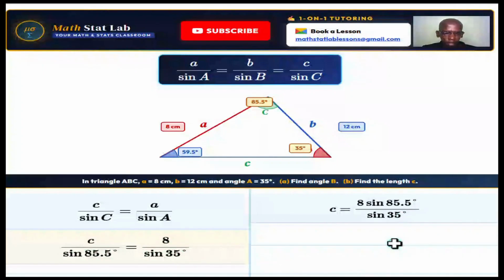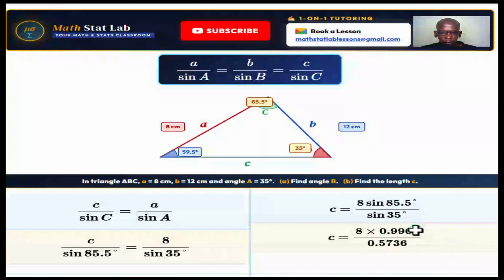So to get C, I can just go direct to the calculator and say sine 85.5 divided by sine 35. If you go direct to the calculator, you will find the sine of 85.5 is just 0.9969.